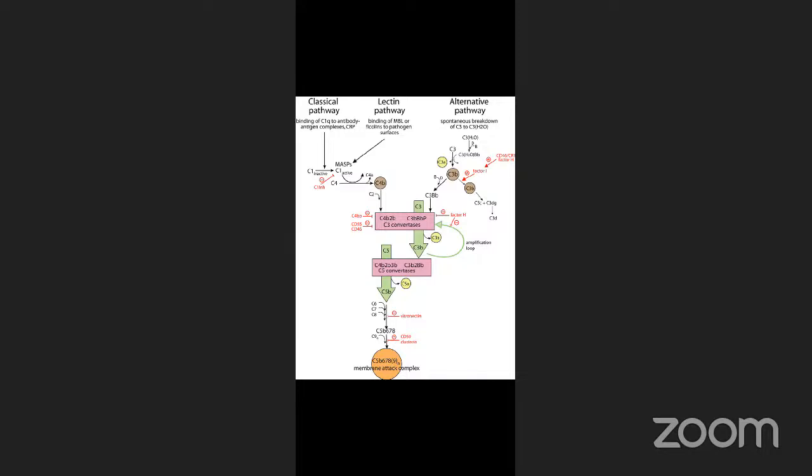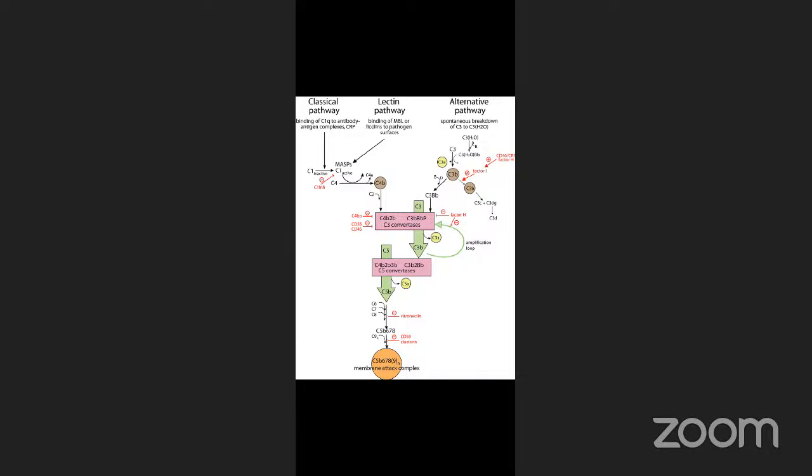This is the initial step. What happens in the initial step? Whenever the antigen antibody complexes are there in our body, the C1 molecule goes and binds with antibody, especially with the help of the C1q subunit.